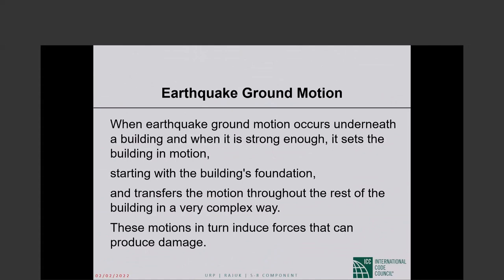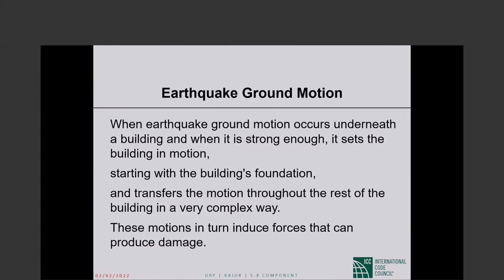When earthquake ground motion occurs underneath a building, and when it is strong enough, it sets the building in motion, starting with the building's foundation.